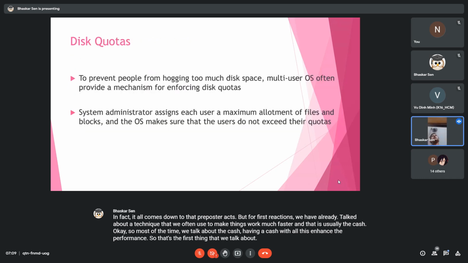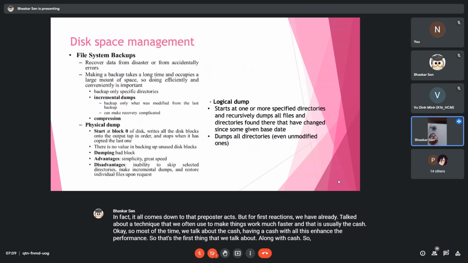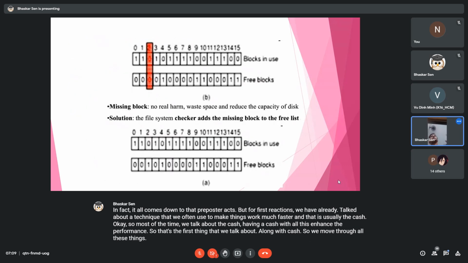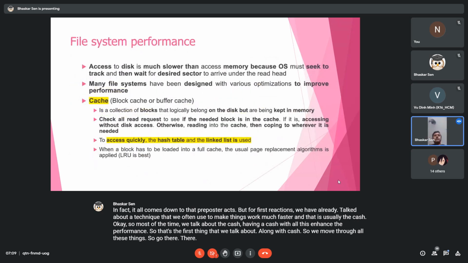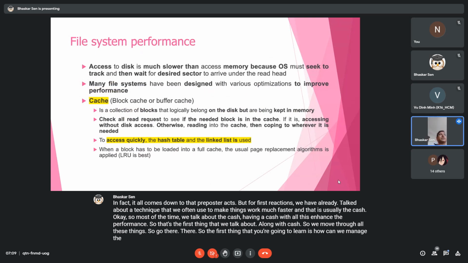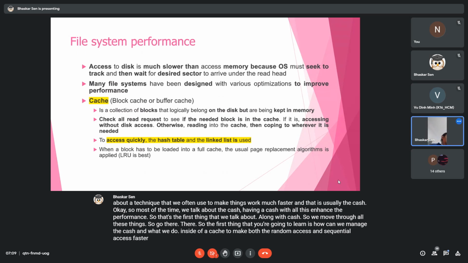Along with cache, we move through all these things. The first thing that you're going to learn is how can we manage the cache and what do we do inside our cache to make both random access and sequential access faster. Of course, cache is there to make things faster, right?